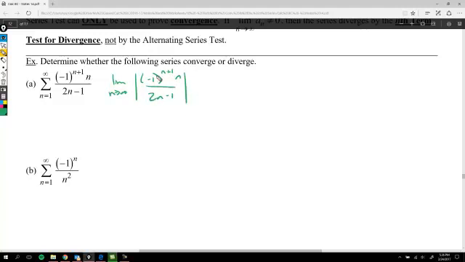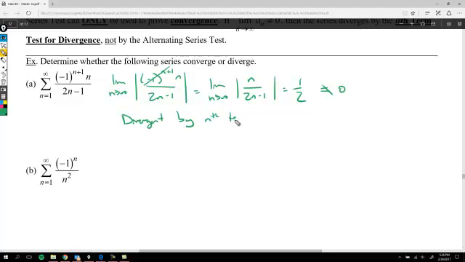This absolute value negates the alternating part. If I take the limit to infinity of n over 2n minus 1, I get 1/2, which is not 0. So this is divergent by the nth term test.